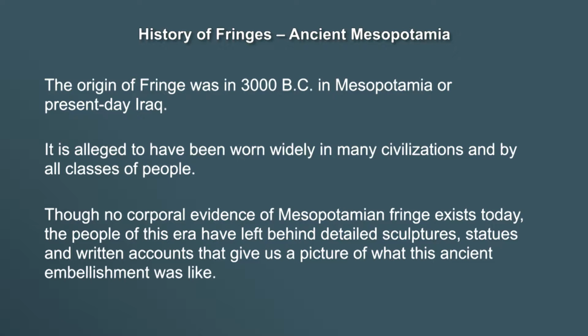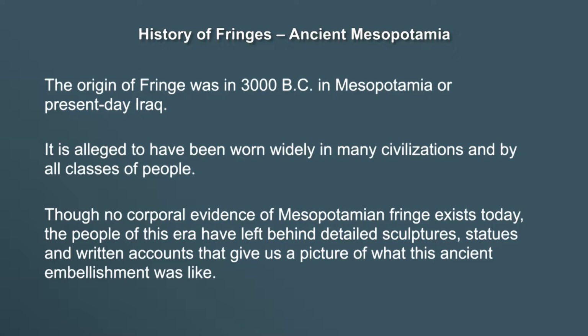History of fringes. The origin of fringe dates back to 3000 BC in Mesopotamia, or present-day Iraq. It is alleged to have been worn widely in many civilizations and by all classes of people.